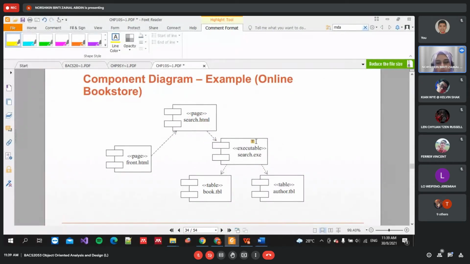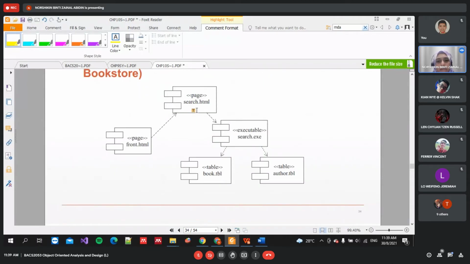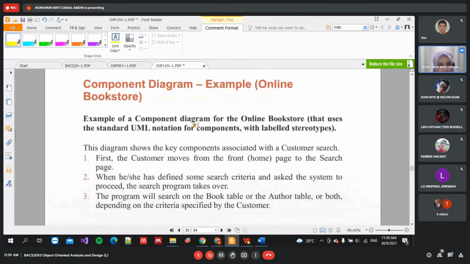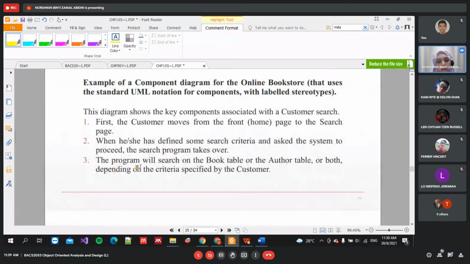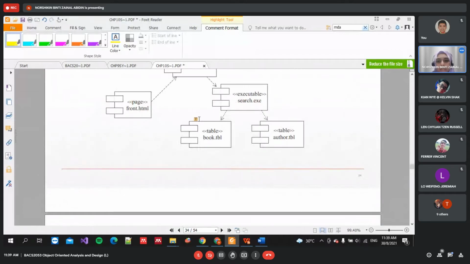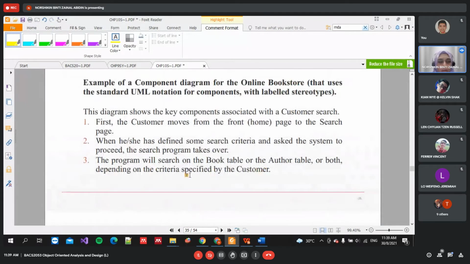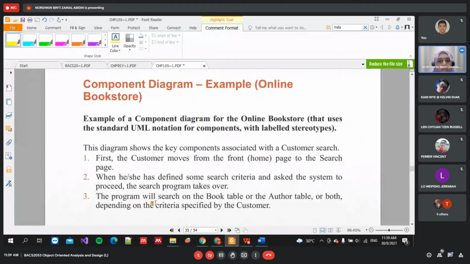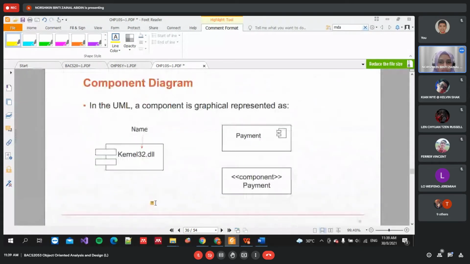They will execute whatever they already keyed in from search.html. So the program will search on the book table or the author table or both, depending on the criteria specified by the customer, based on the book or based on the author of the book. So that is the example of the online bookstore.